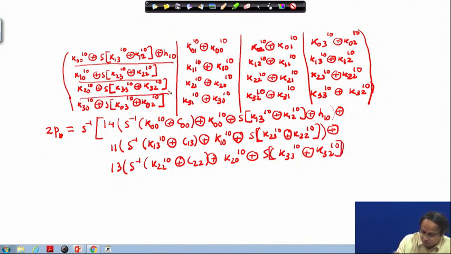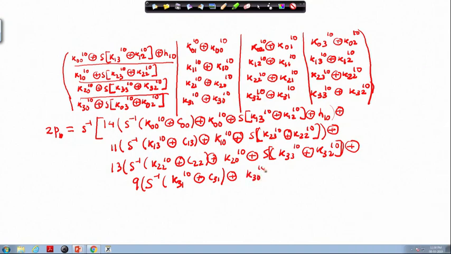That is this part of the key, XORed with 14, 11, 13, and then finally 9. So you have S inverse of K31 10 XORed with C31 XORed with K30 10, again this part of the key, XORed with S of K03 10 XORed with K02 10.